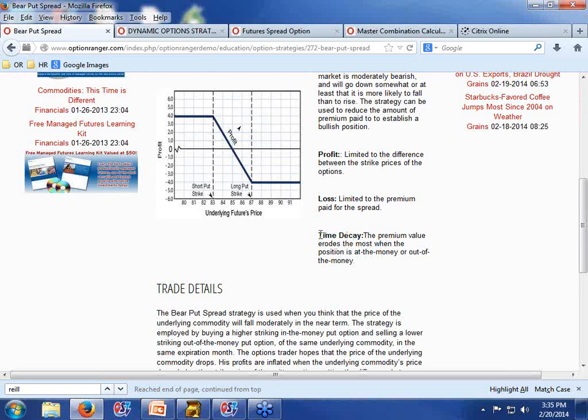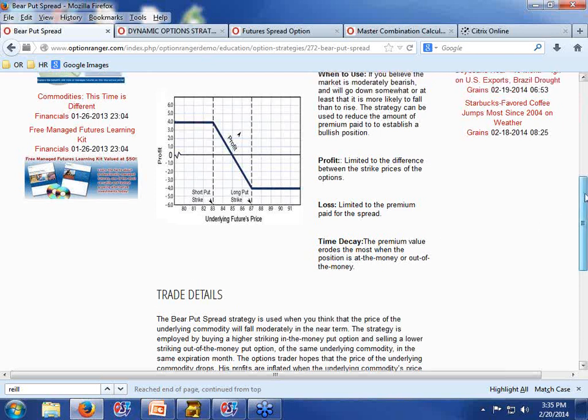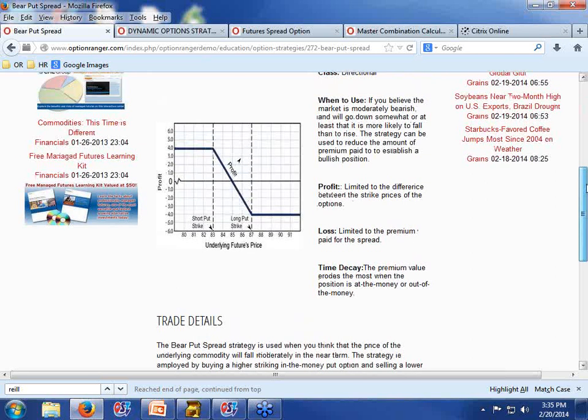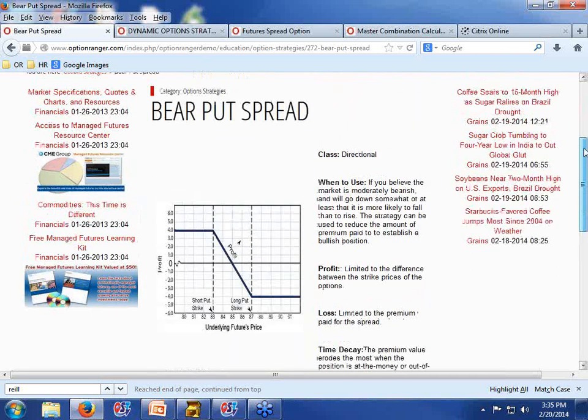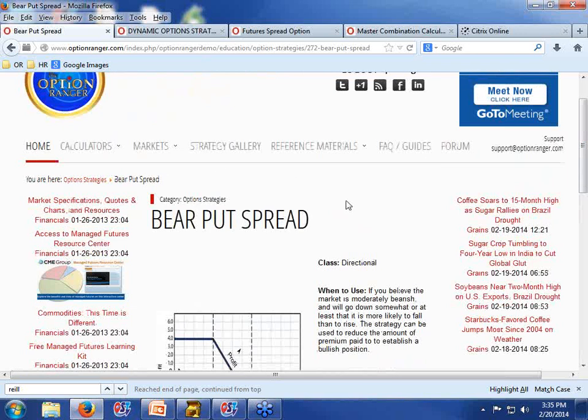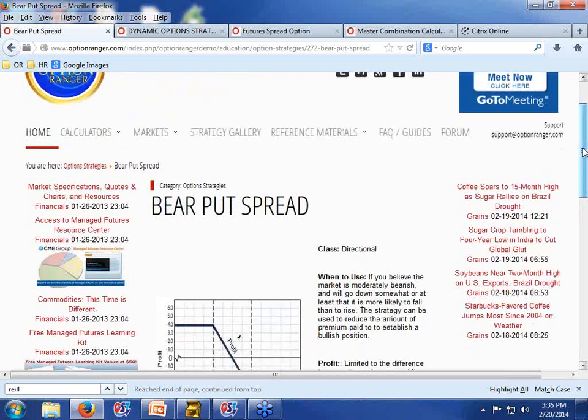So this is a trade in which time decay is against you, but somewhat less against you because it is a spread rather than an outright trade, and you're not expecting volatility to go up. So these are the scenarios for putting on the trade.